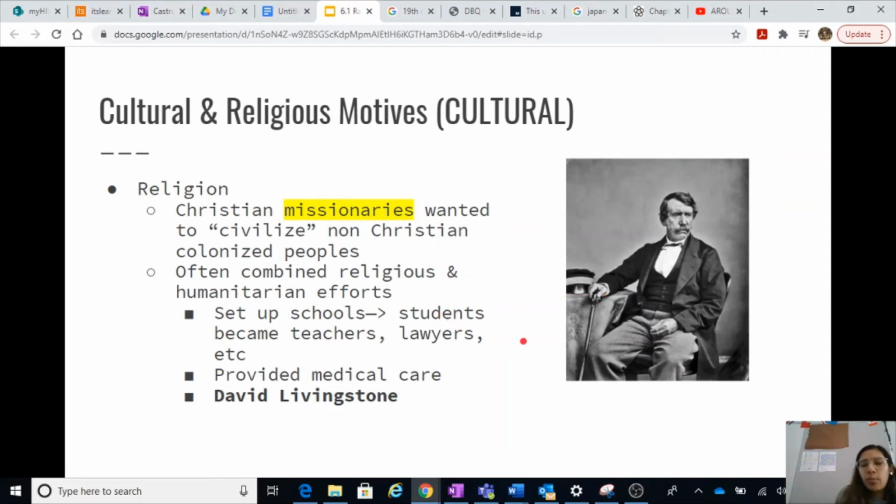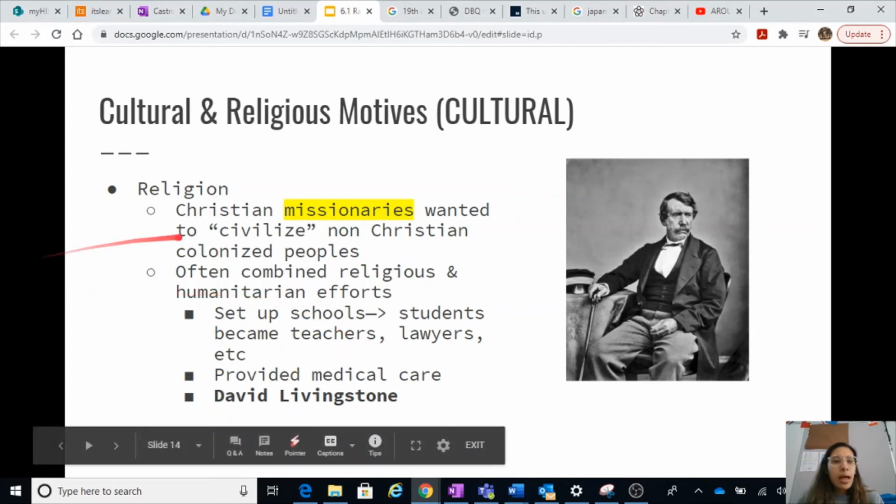Religion was a big part of this new wave of colonization. Just like we had Catholic missionaries like the Jesuits come into Latin America and Brazil to convert the native population, we're also going to see that happen in this new wave of imperialism in places like Asia and Africa.